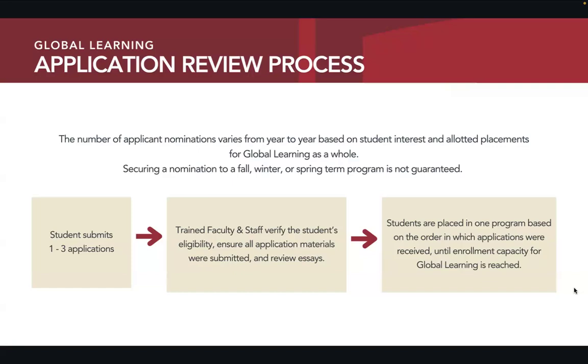So for students who are really anxious about getting into one particular program, we certainly encourage them to apply as early as they can in that filing period to ensure that they have the best chance of success at being placed into the program for which they are applying. But as you can see from my earlier statement, the more applications that a student submits for different programs, the more opportunities they have to ensure that they will be nominated based on capacity.